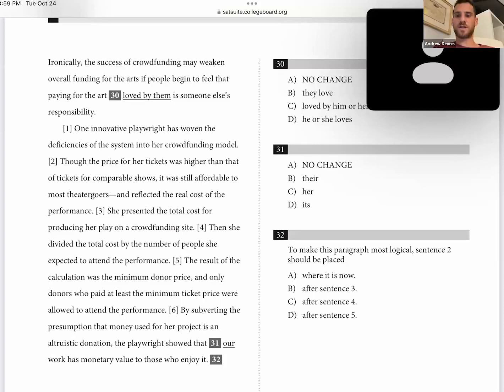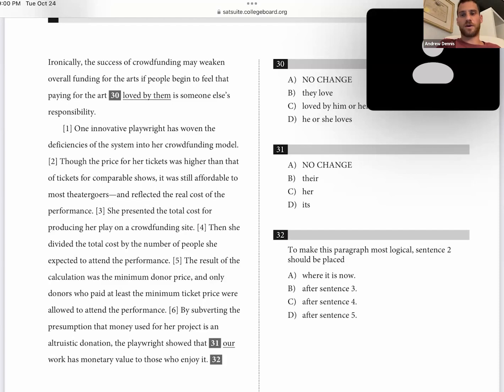By subverting the presumption that money used for her project, so it's her project, and the playwright is singular. Oh, yeah. So C, for her. By subverting the presumption that money used for her project is an altruistic donation, the playwright showed that her work has monetary value to those who enjoy it, because it's she who's talking about her work. It's her project, she's showing her work.